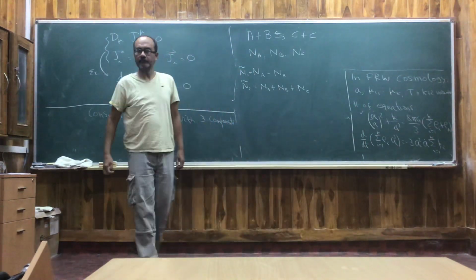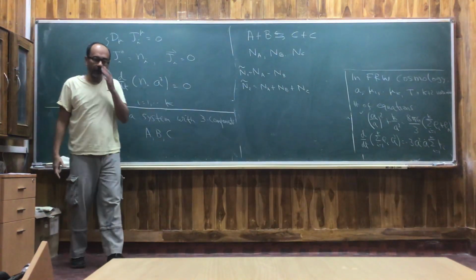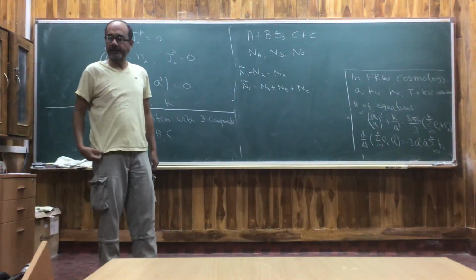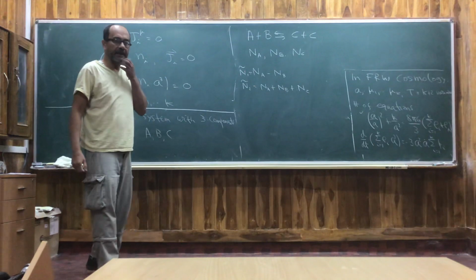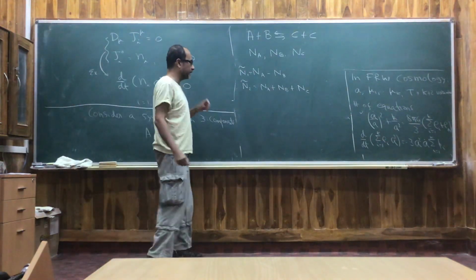So when you introduce a grand-canonical ensemble, the way we define it is that you introduce chemical potentials for the conserved charges.